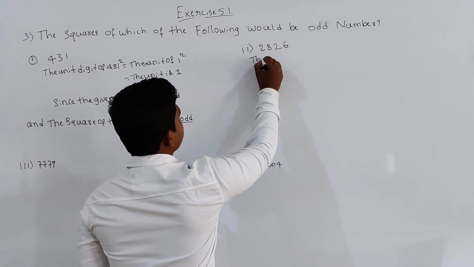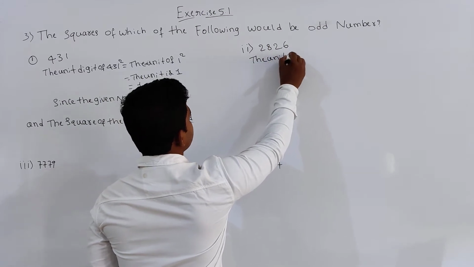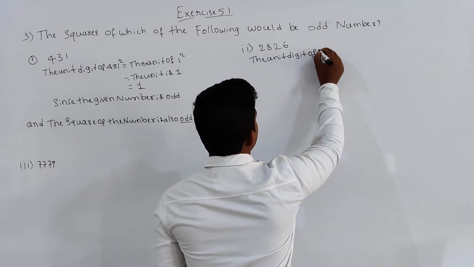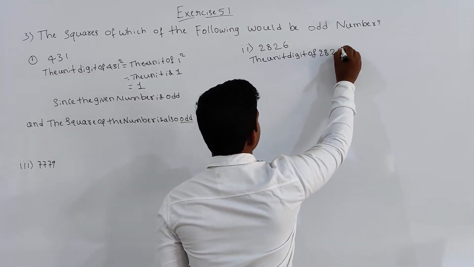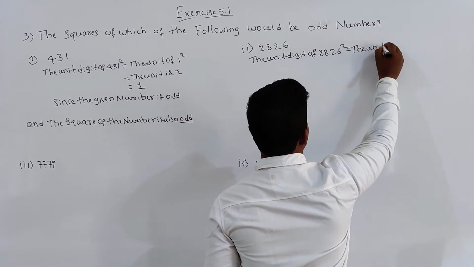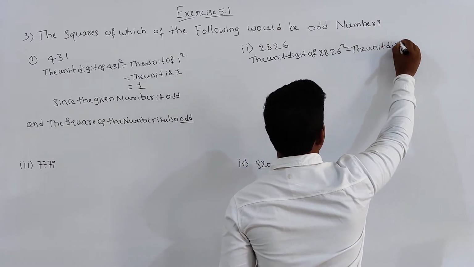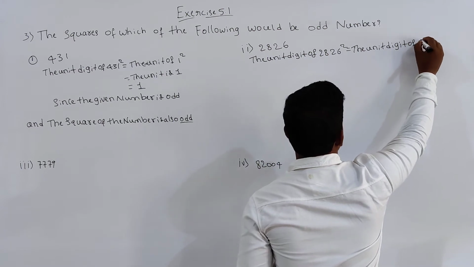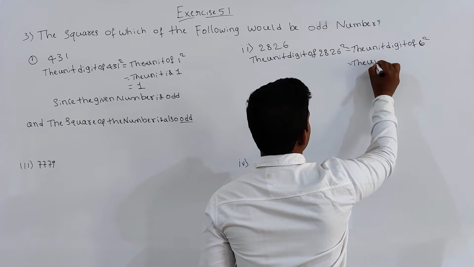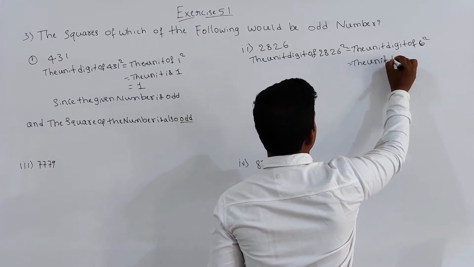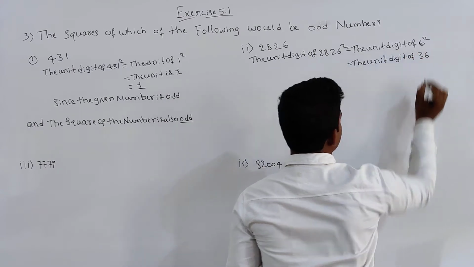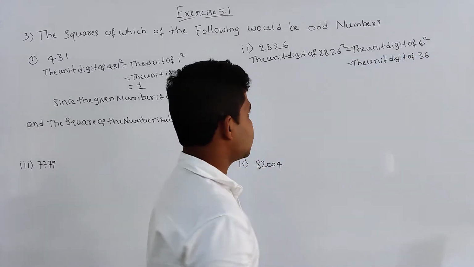The unit digit of 2826 square is the unit digit of 6 square. 6 into 6 you will get 36.